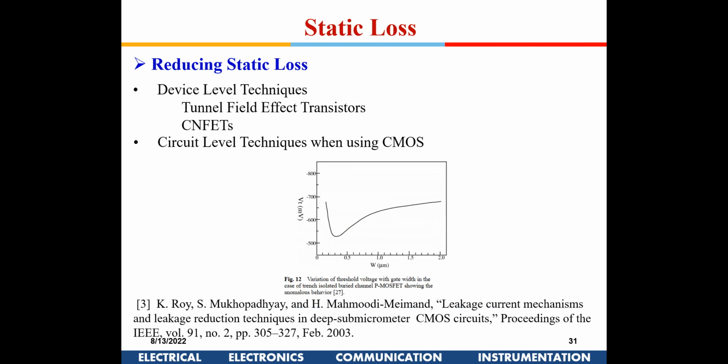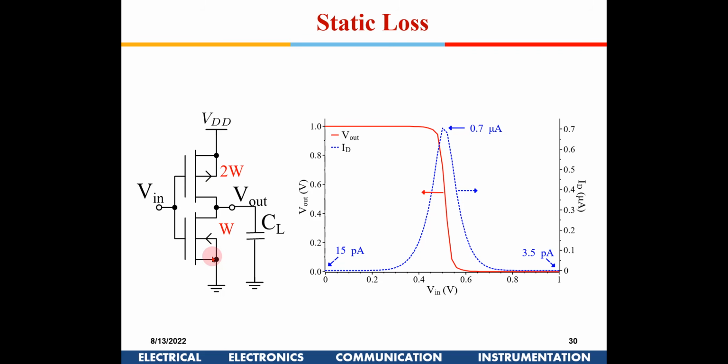Now, actually, I should be calling it as... This is for CMOS topology. Static current means when the input is not changing. For a CMOS, the static current is leakage current.